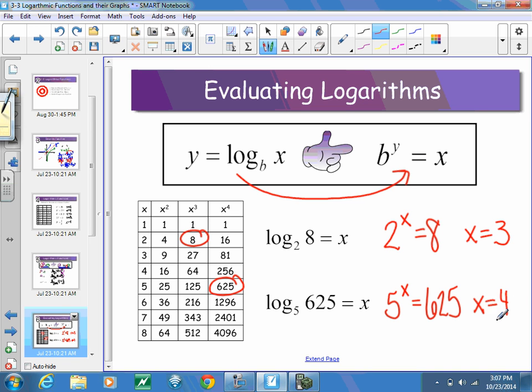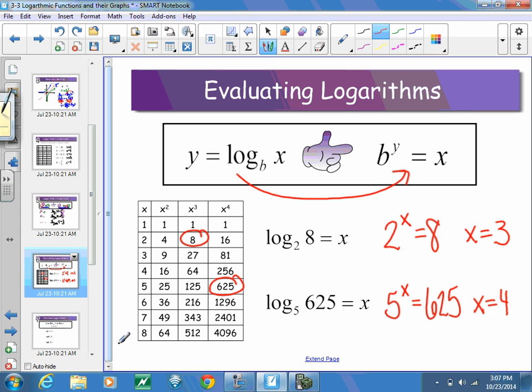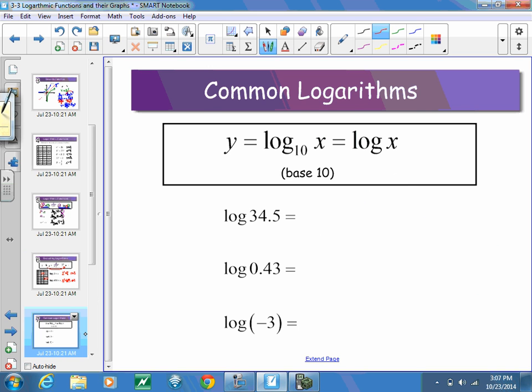Now, when you look at solving these logarithms, these are all logarithms that we can solve based off of the chart that I have in the room or that I'll be giving to you. Not every single number is on there. And so then we are going to have to resort to using our calculator. However, your calculator, at least the older calculators, only know how to calculate 2 types of logarithms.